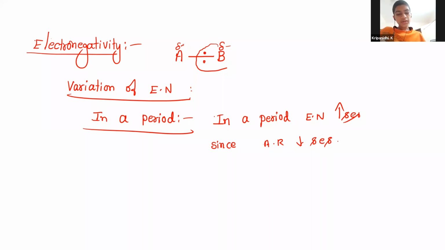Sir, then electronegativity is also inversely proportional, right? Yes, yes. Electronegativity is inversely proportional to atomic radius. In a period from left to right, electronegativity increases, since atomic radius decreases.